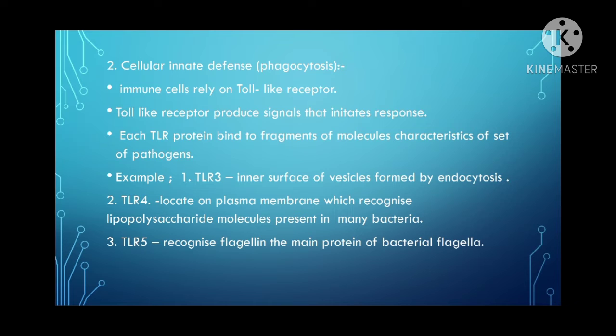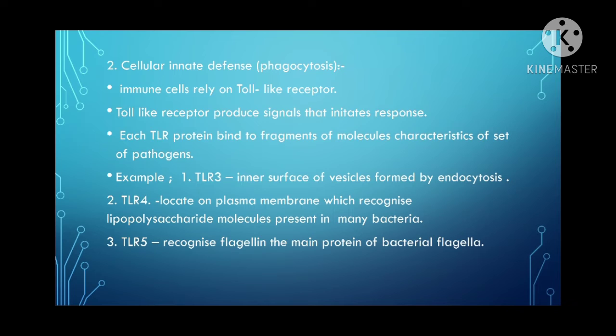Okay, in the third line it is written, for example, toll-like receptor 3, which is present on the inner surface of the vesicles. It's formed by endocytosis. Where endocytosis takes place, these TLR3 receptors are present to carry out the function of the endocytosis.